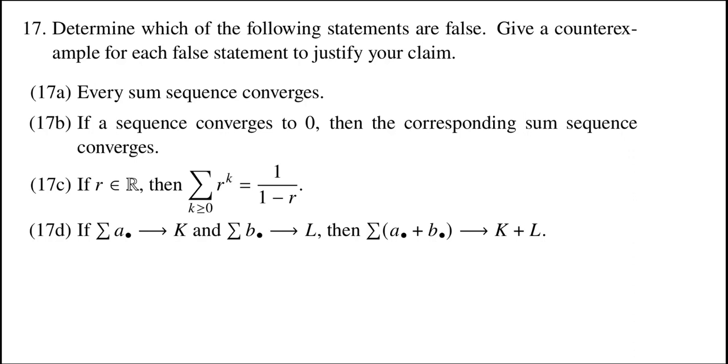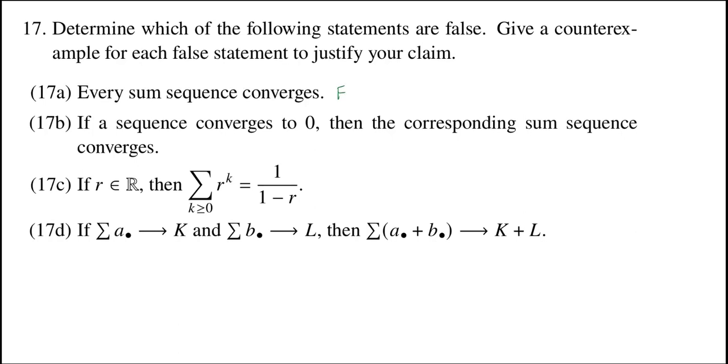Okay, so in problem 17, we're given 4 statements, and we're asked to determine which of them is false. And for those that are false, we're going to have to give some sort of an example to justify that claim. So let's see, the first one, every sum sequence converges. So this is just brutally false, right?